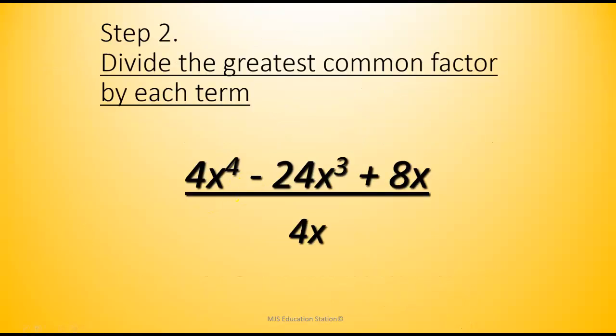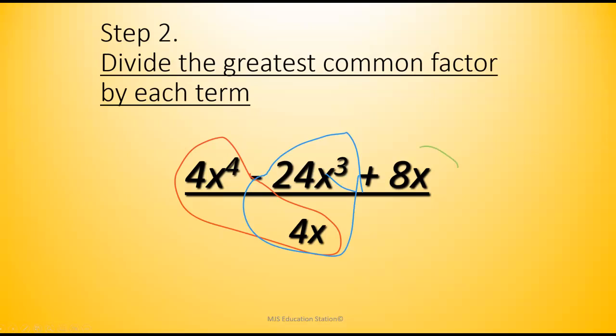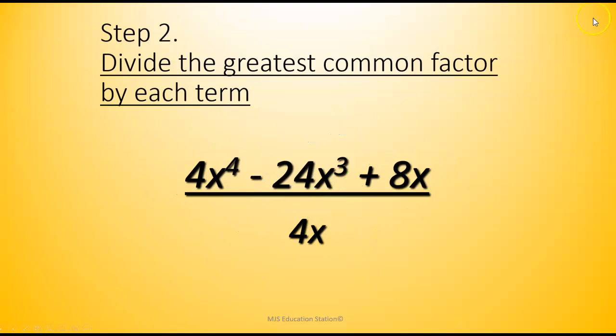Again, we're going to have 3 different division problems going. We've got 4x to the fourth divided by 4x. We've got negative 24x to the third divided by 4x. And we've also got 8x divided by 4x. 3 different things going on.